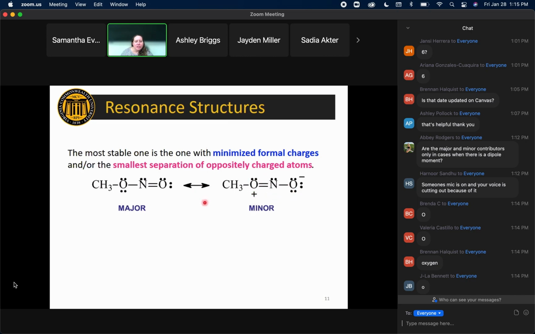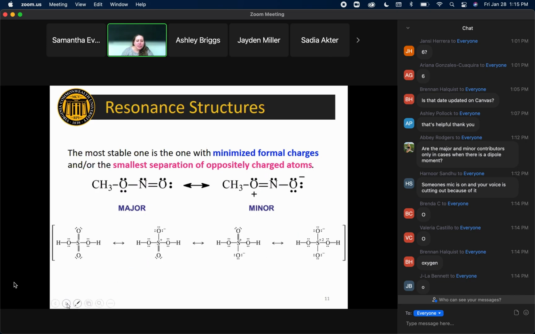So you can see, and hopefully you can feel just intuitively, that this one on the left without any formal charges is the major contributor. The one on the right also contributes, and it does tell us something a little bit about the reactivity, but it's a minor contributor because the formal charges are not minimized.